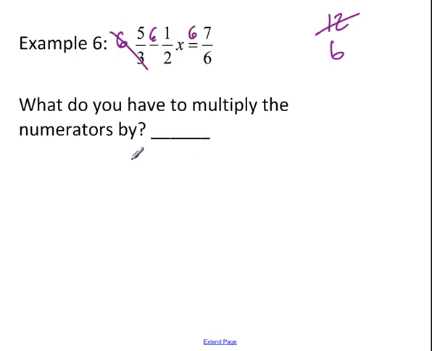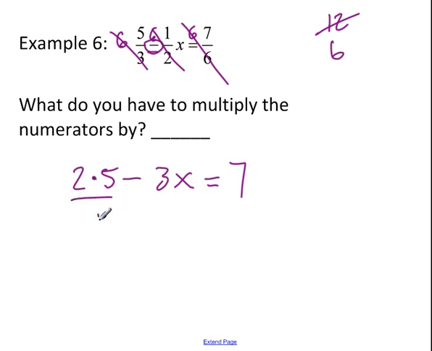Now 6 divided by 3 makes a 2, so we're really going to have 2 times 5 there. 6 divided by 2 makes a 3, so minus, don't forget that minus sign, minus 3x, and 6 divided by 6 goes away completely, equals 7. Well, 2 times 5 makes 10, so I got 10 minus 3x equals 7, and this problem got a whole lot easier.